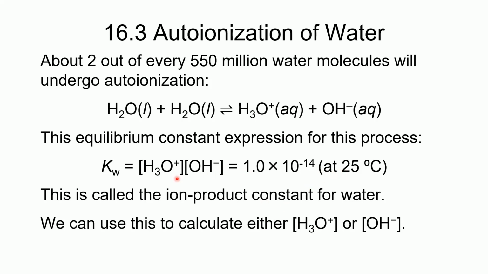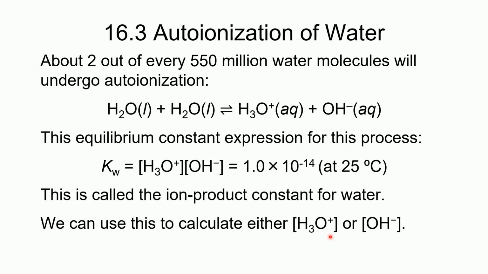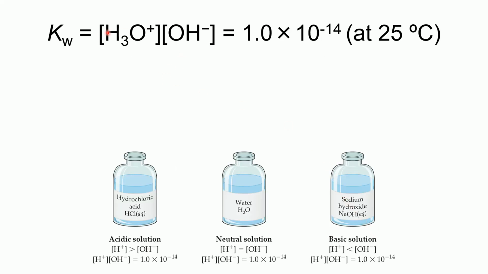We can use this formula: hydronium times hydroxide is equal to 1.0 times 10 to the negative 14. We can calculate hydronium or hydroxide for pretty much anything. If we've got anything that's an aqueous solution with an acid or base in it, if we know one, we can get the other. So that's our formula, again at 25 degrees Celsius.